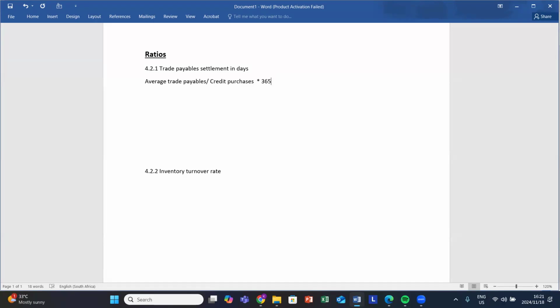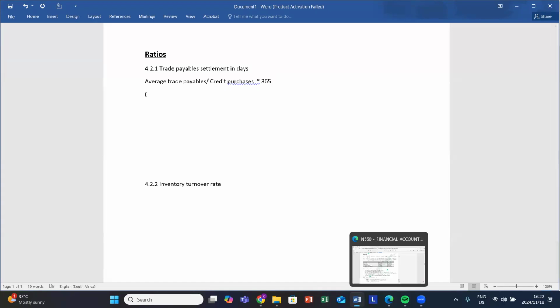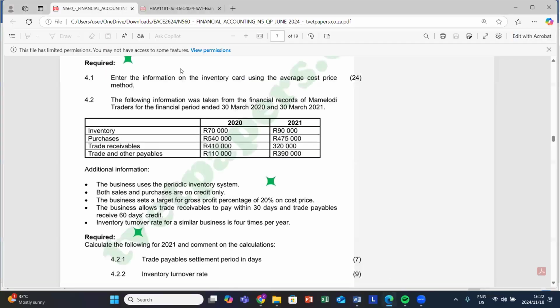We know that for us to get average in accounting, we always say opening balance plus closing balance, and then we times it by half. Or alternatively, we can just say opening plus closing and divide by 2. It's still the same. So let's go check for our average trade payables. They did provide us with our trade payables in the information.